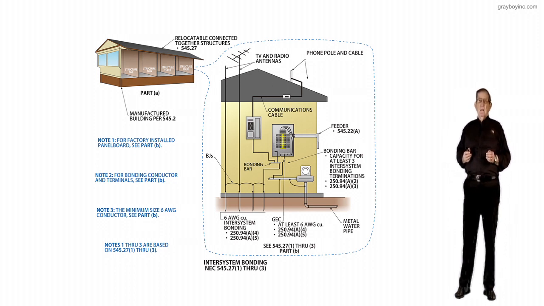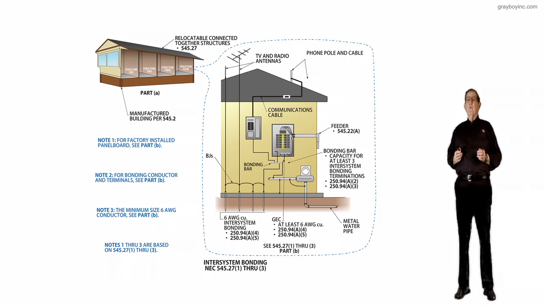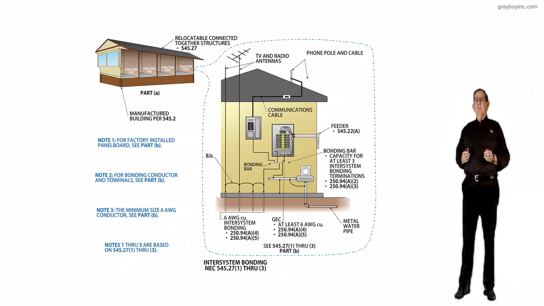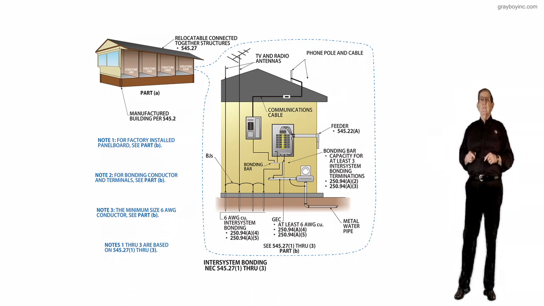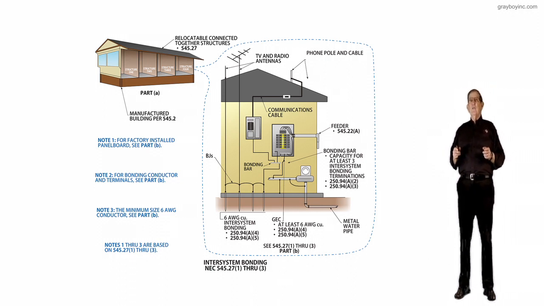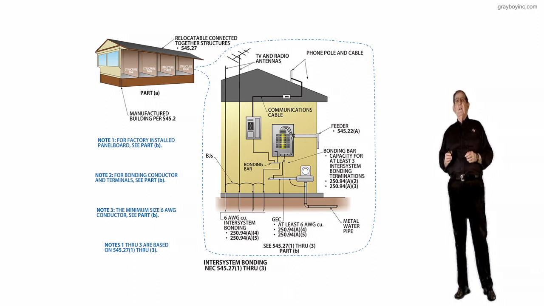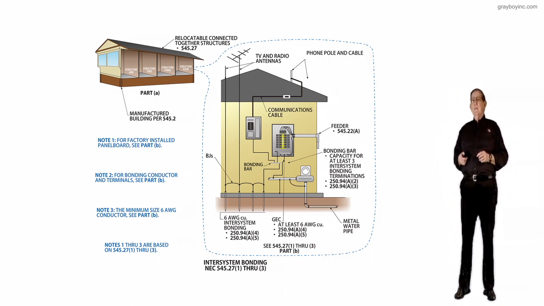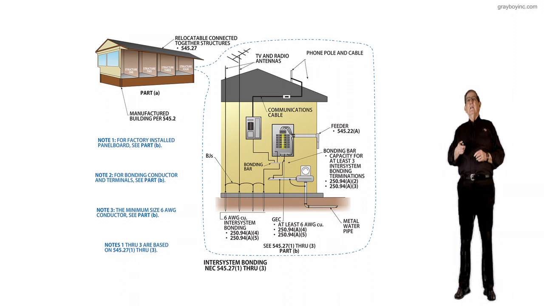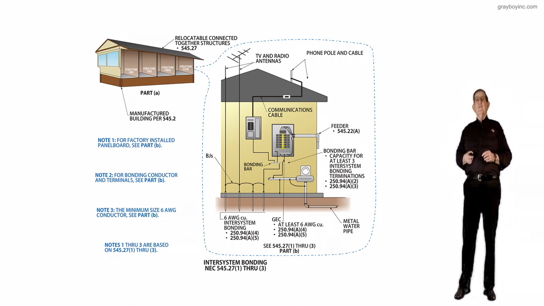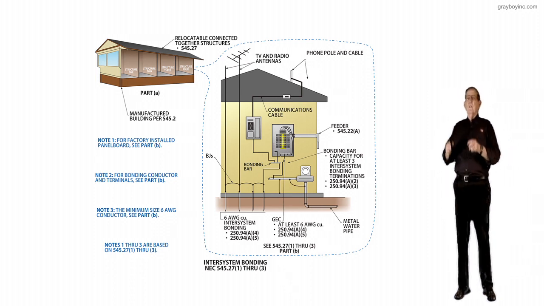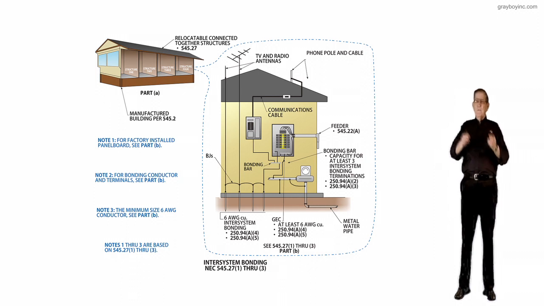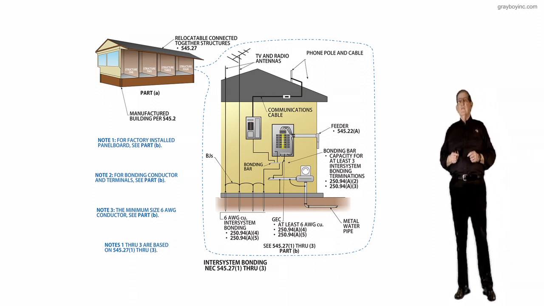Now, some folks felt like, well, you don't have to provide this inter-system bonding technique because this is a building that's just used and relocated, or it could be one structure with dividing walls that would separate one lease from another lease, or from one office to another office, and so forth.